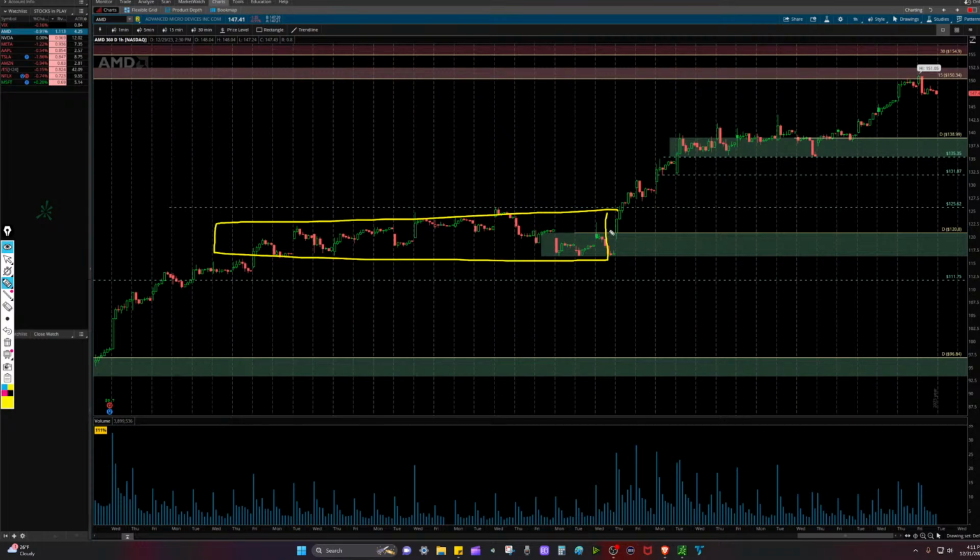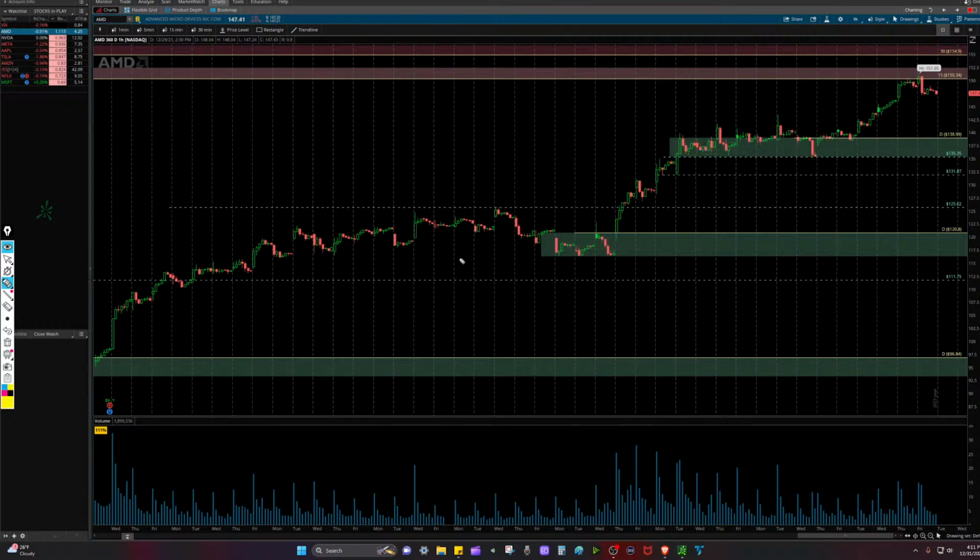After accumulation, it marks up and then distribute. Either you can call it distribute or next phase of accumulation, right? And it accumulates or distributes and then slingshot, mark up, and then again.